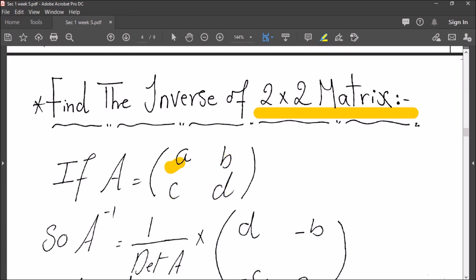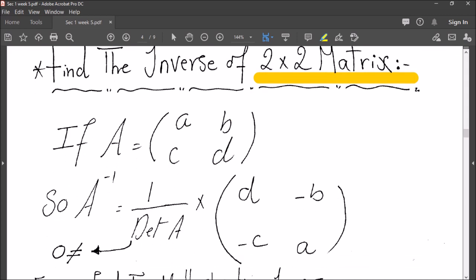To find our inverse, A inverse equals 1 over the determinant of matrix A multiplied by a matrix where we replace a with d and d with a, and then we change the sign of b and c.